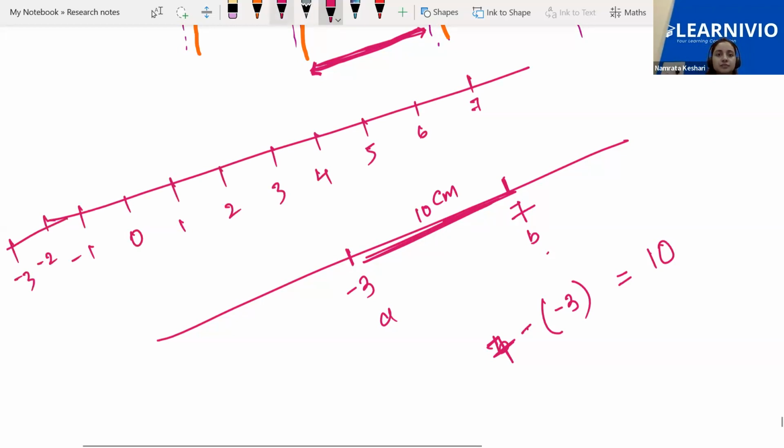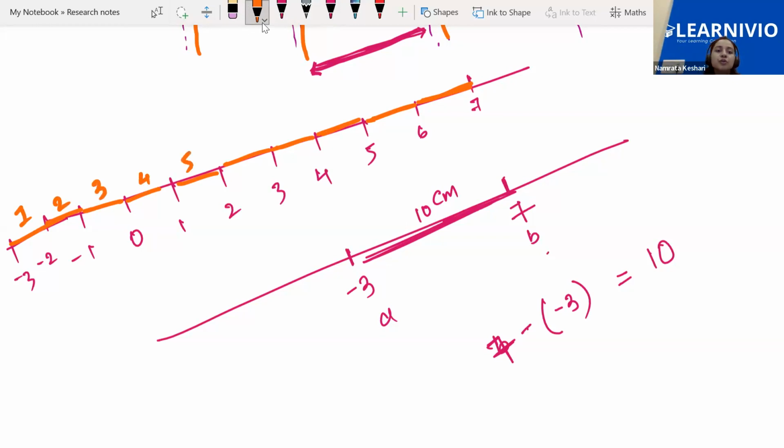Let's check it. 6 to 7, 1 centimeter, 2 centimeter, 3 centimeter, 4, 5, 6, 7, 8, 9, 10.